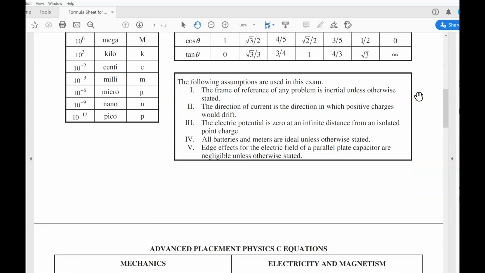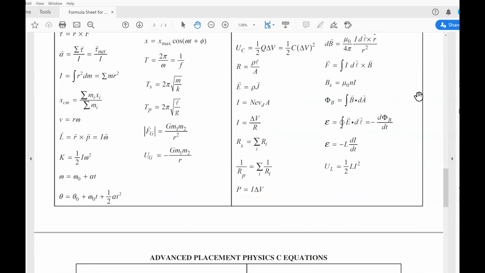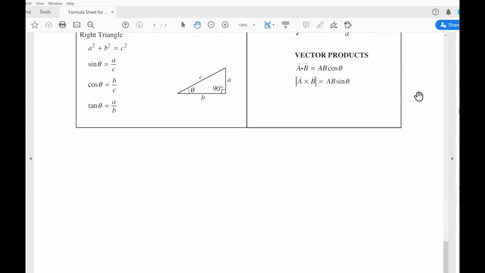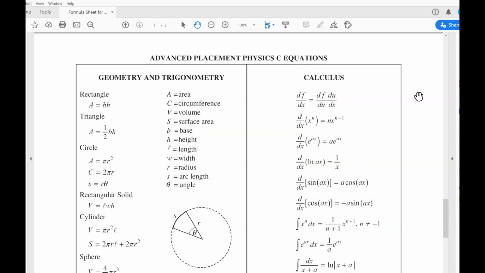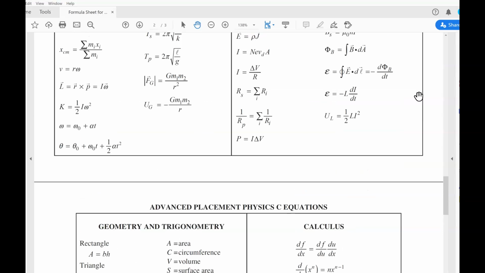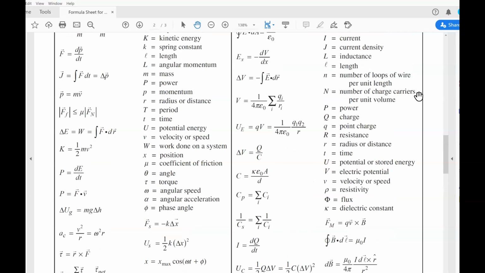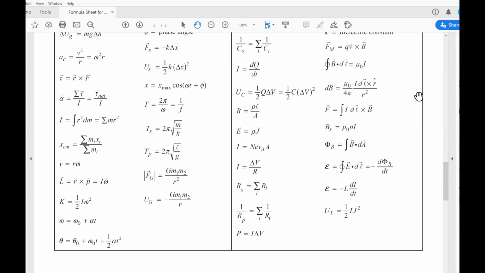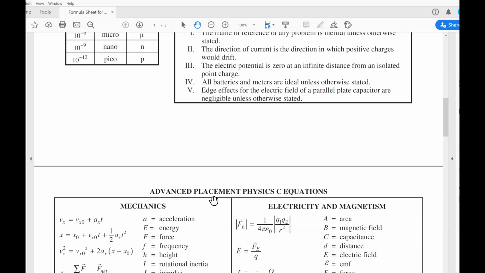Where are you, moments of inertia? I didn't see them, but maybe I missed it. I don't know, I don't see it.